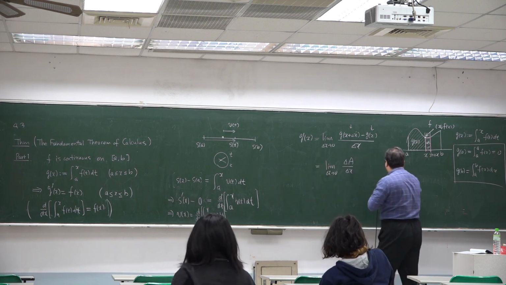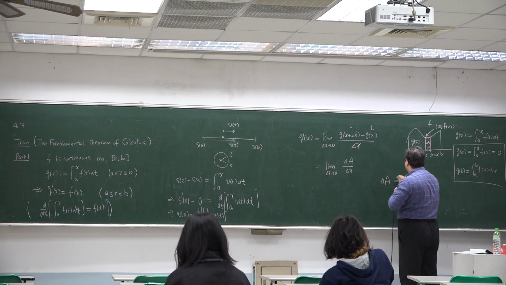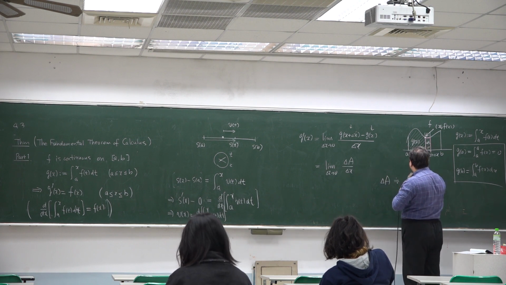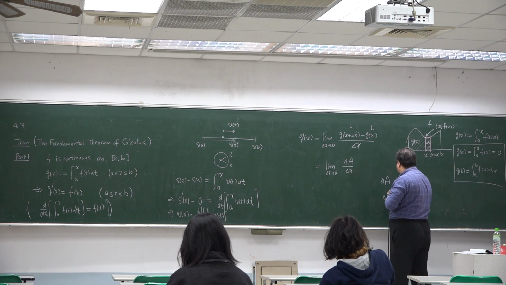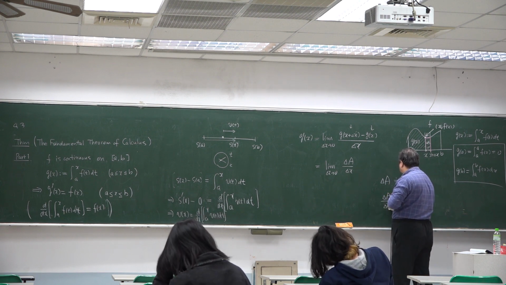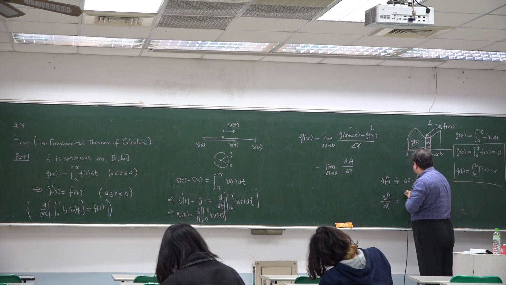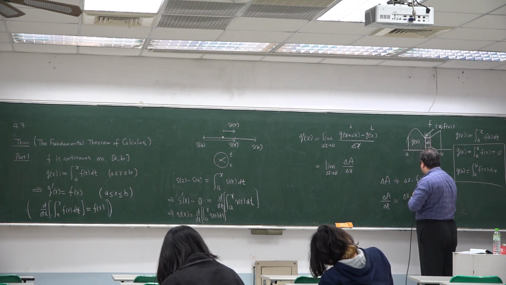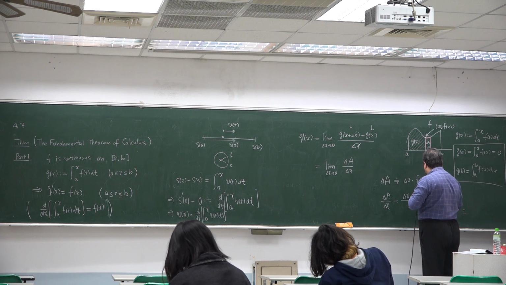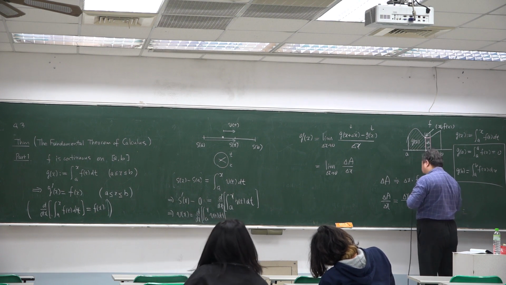But delta A is almost base times height, because x is fixed. So the rate of change equals base times height over the base, which is exactly the height.